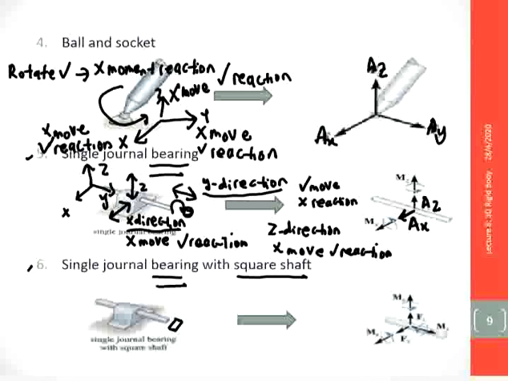Firstly, the x direction. This long shaft can rotate about the x axis, so there is no moment reaction there, so we have Mx.